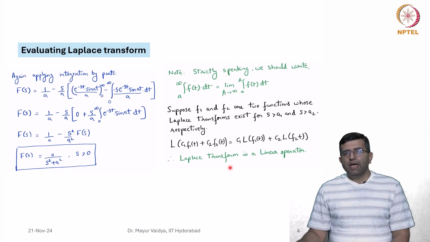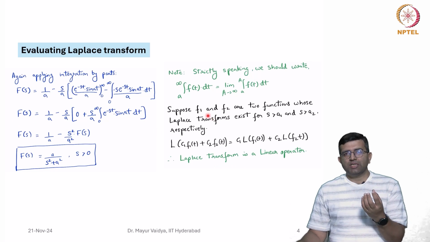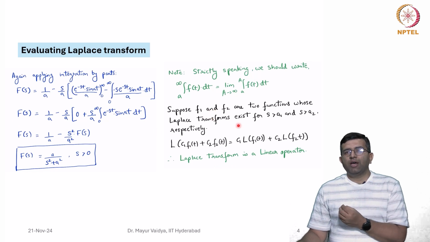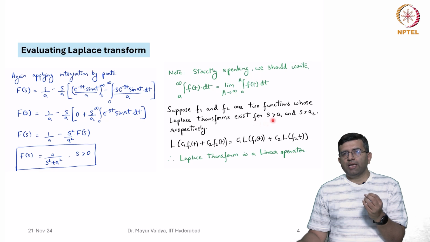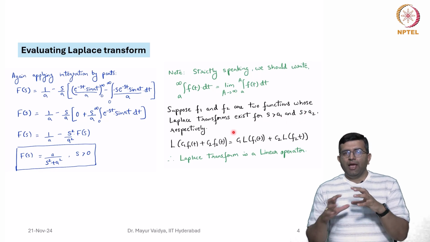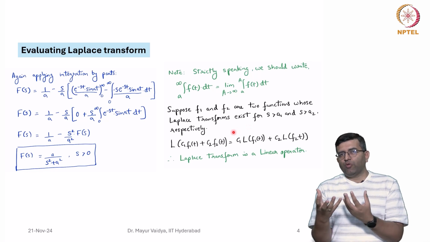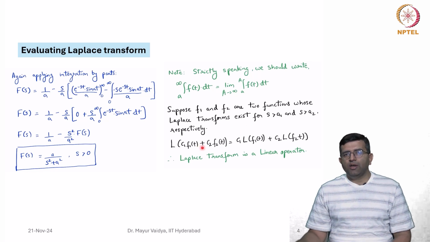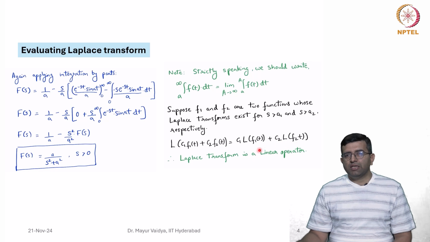What it means is that if I have two functions, let's say f1 and f2, where the Laplace transform exists for s greater than a1 and s greater than a2, then for any linear combination of f1 and f2, suppose c1 f1 of t plus c2 f2 of t, their Laplace transform can be simply written as c1 Laplace transform of f1 t plus c2 Laplace transform of f2 t. So this means that Laplace transform is a linear operator.